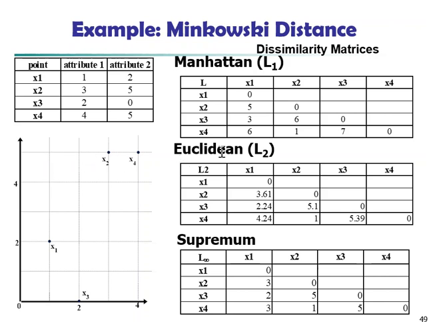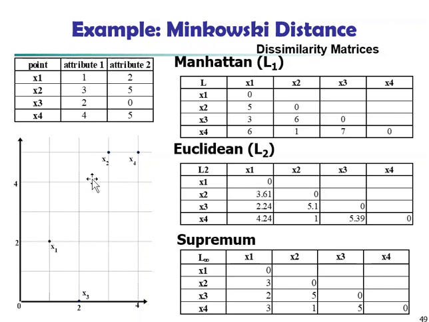Euclidean distance is basically the distance between 2 points measured through a straight line. So Euclidean distance, using the formula that was provided earlier, is the square root of the sum of the 2 squared and the 3 squared, which gave us this value, 3.61.